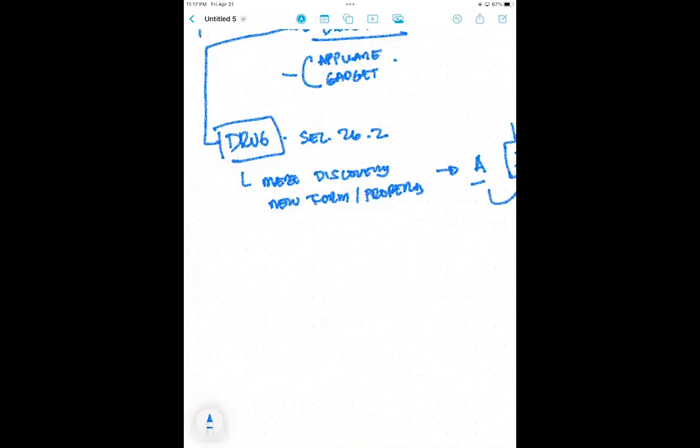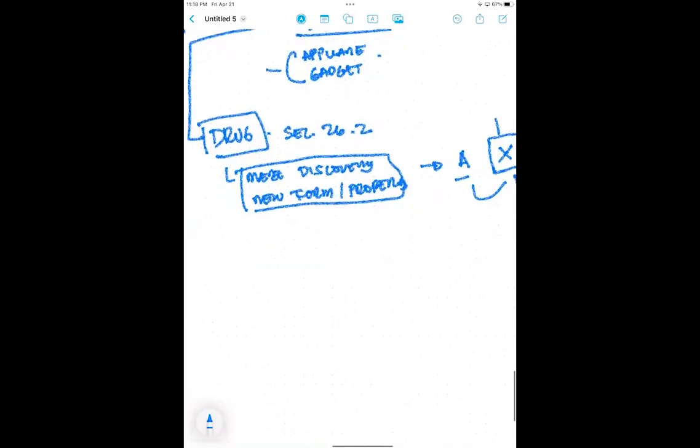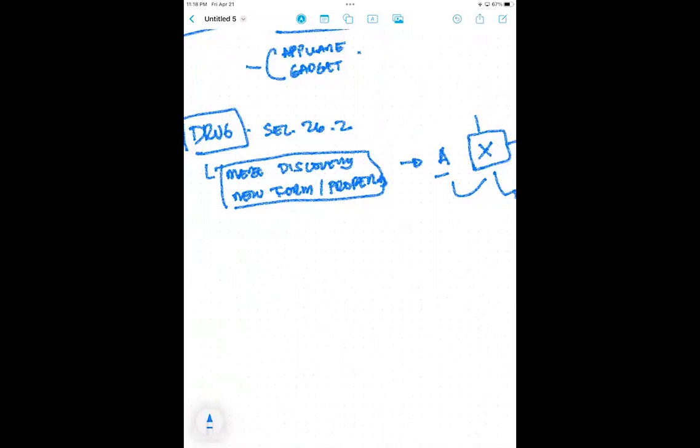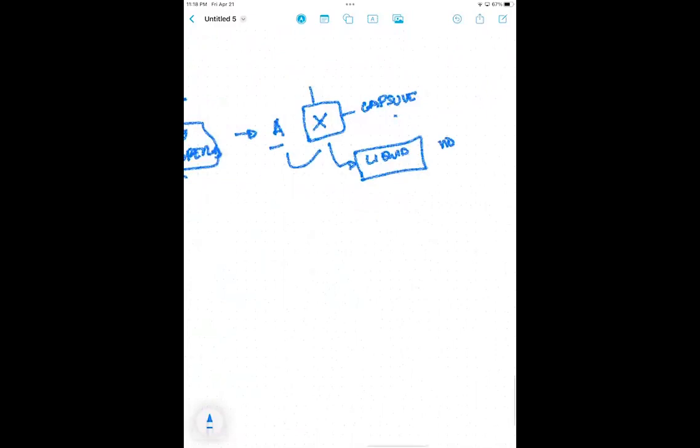Your answer should be focused, should contain this: the mere discovery of a new form will not make the invention patentable for lack of inventive step. Same with property. Let's say A owns a patent over drug X, and this X is, for example, a cure for the liver. Now, yung mga gumagamit ng medicine na ito, nakita nila pumuputi sila.